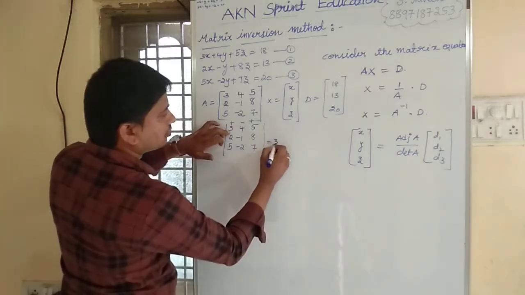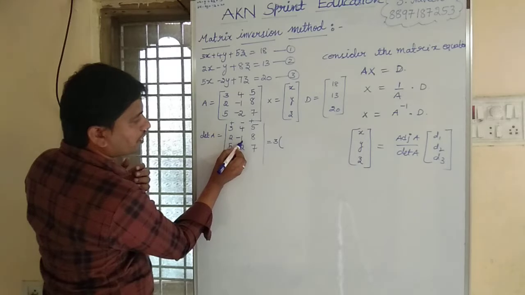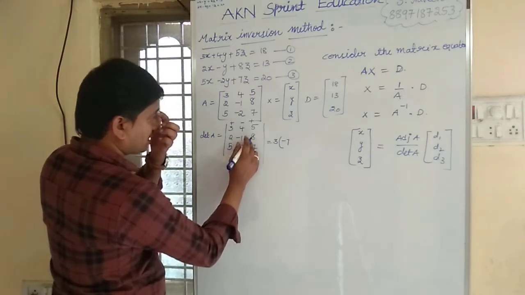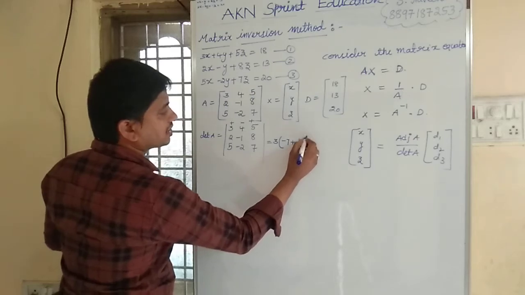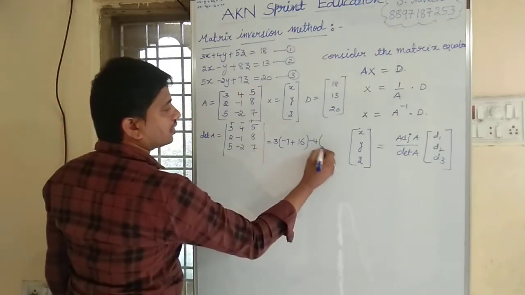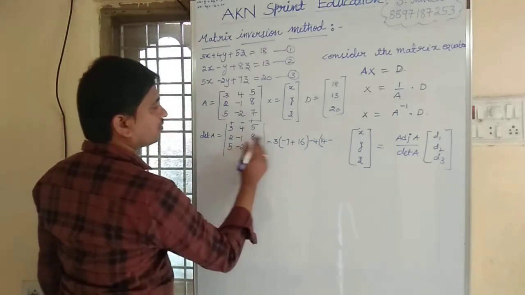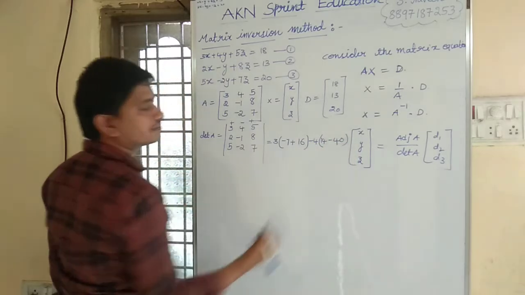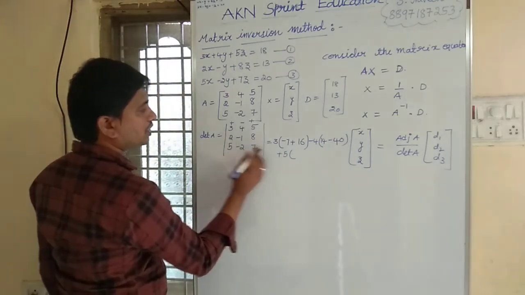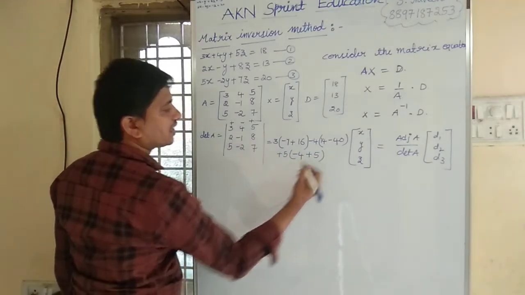Here 3 into, removing the corresponding column and corresponding row, -1 into 7 is -7, minus into minus is plus, 2 into 8 is 16. Then minus 4 into, 2 into 7 is 14, minus 5 into 8 is 40. Plus 5 into, 2 into -2 is -4, minus into minus is plus, that is 5.